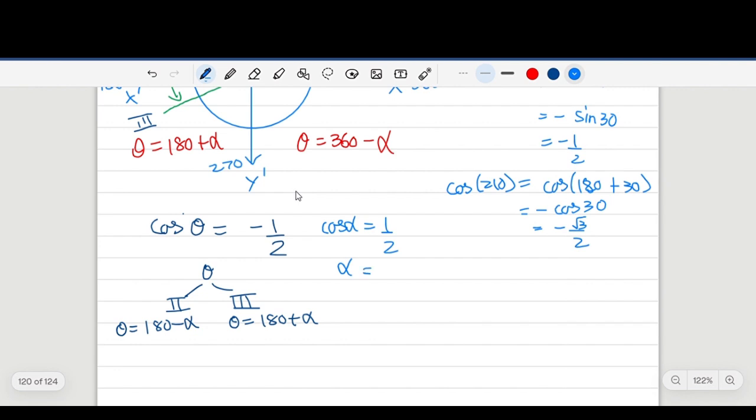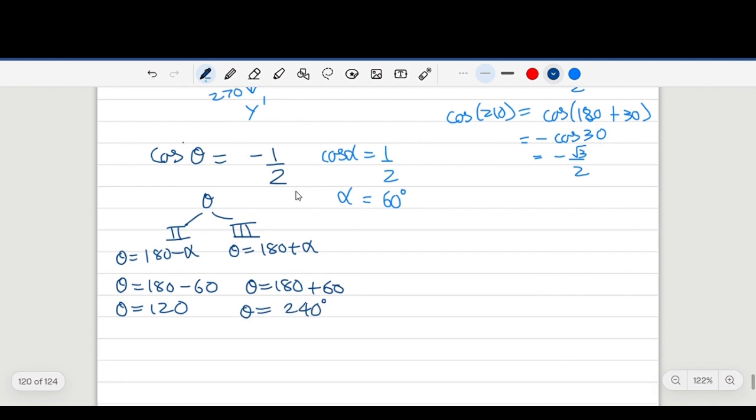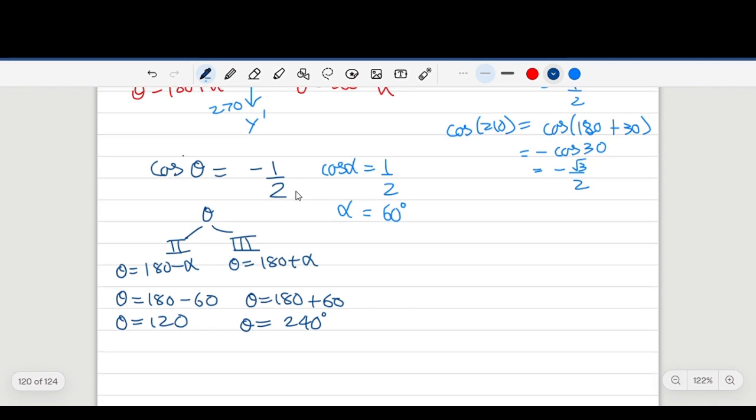No, it is at 60. So I know the alpha value to be 60. So theta will be equal to 180 minus 60, that means theta is equal to 120, and over here theta will be equal to 180 plus 60, which is 240 degrees. I hope that makes sense. That's it for today. All the best.